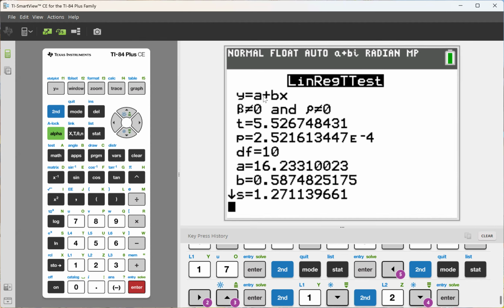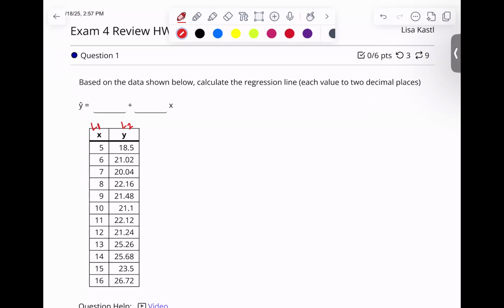So the linear regression equation is y equals a plus bx. So a is the y-intercept, and they tell us that a is 16.23 to 2 decimal places. B is the slope, it's the coefficient on the x, and they tell us that b is 0.59 to 2 decimal places. So we're going to go enter that in the field.